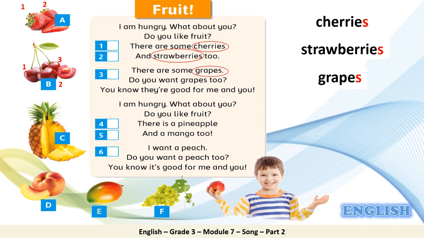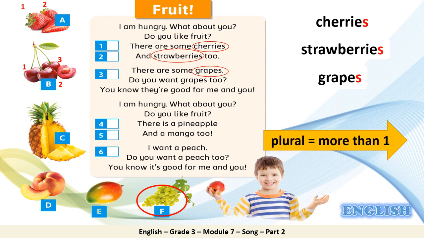What about the grapes? Can we count them? There are a lot of grapes. So those nouns are plural. Plural means there is more than one of this thing. There are some cherries, there are some strawberries, and there are some grapes. Well done.